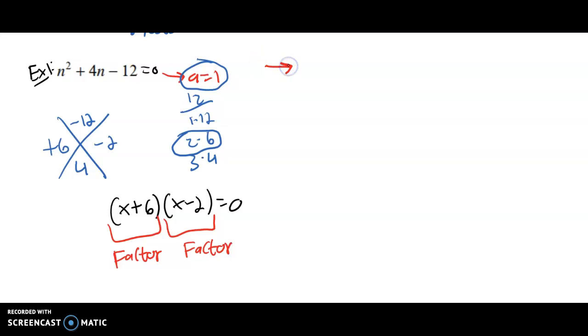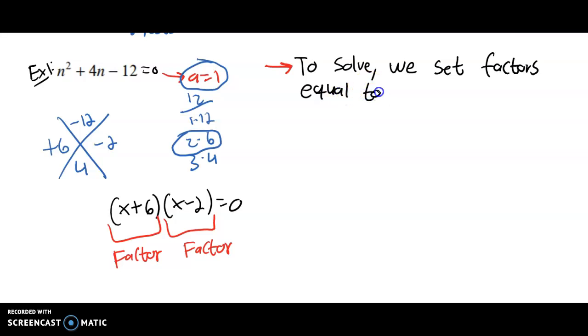Another reminder we're going to write for ourselves: to solve, we set factors equal to 0. All right, let's start off with x plus 6 is 0.